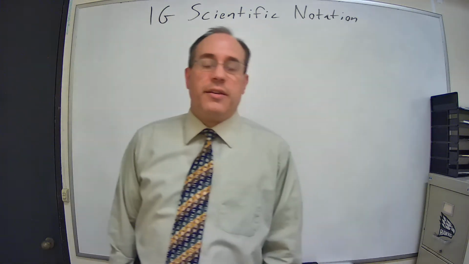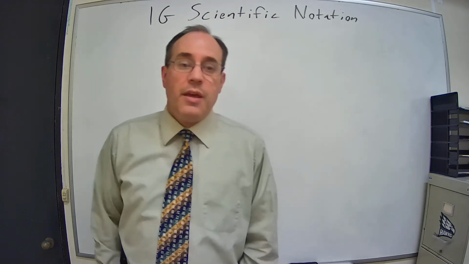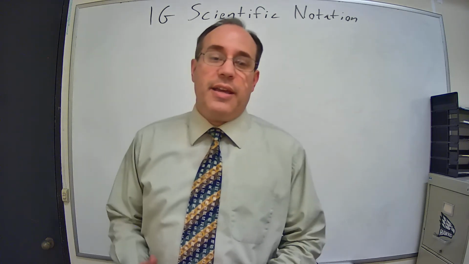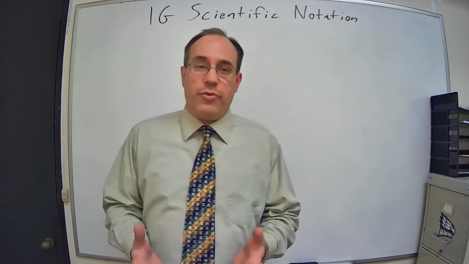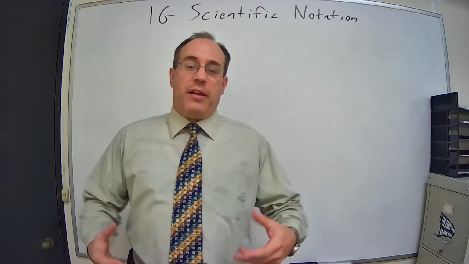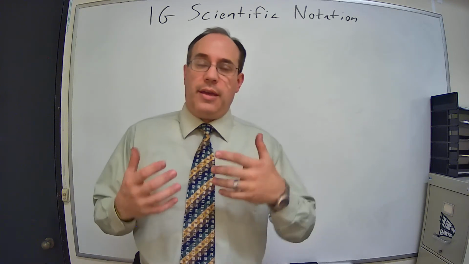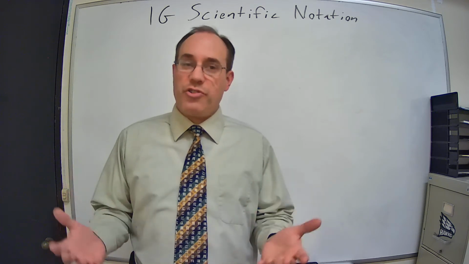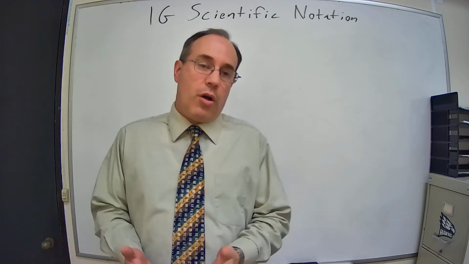Section 1G, scientific notation. Scientific notation is a way of writing numbers that allows us to express either very large numbers or very small numbers.